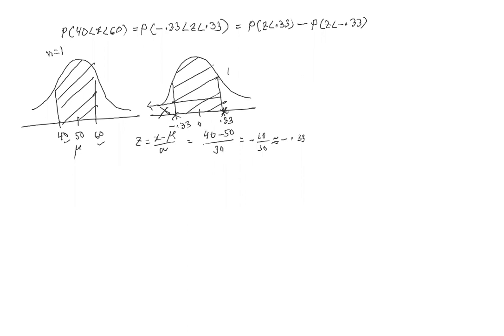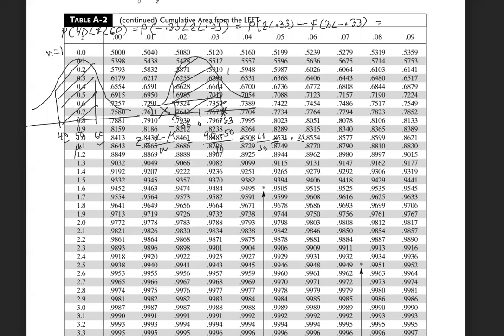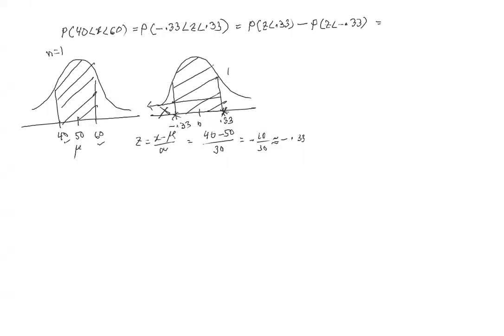So what was the value? 0.6293, minus the probability of z less than negative 0.33.